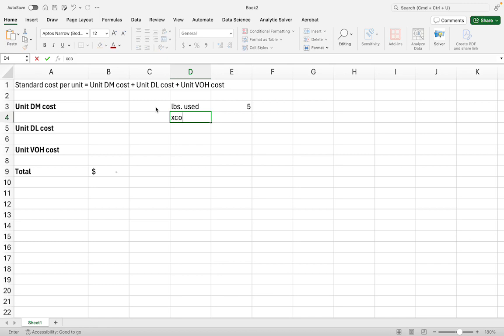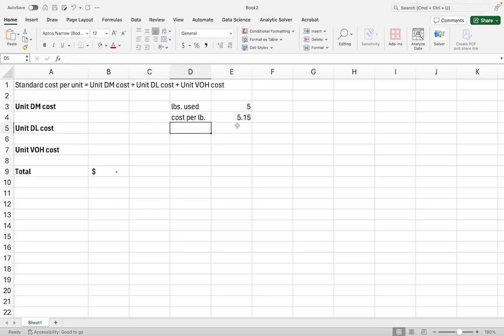And then cost per pound is going to be equal to $5 times 98% because Stefani always takes the 2% cash discount, plus 25 cents per pound that Stefani pays for shipping.